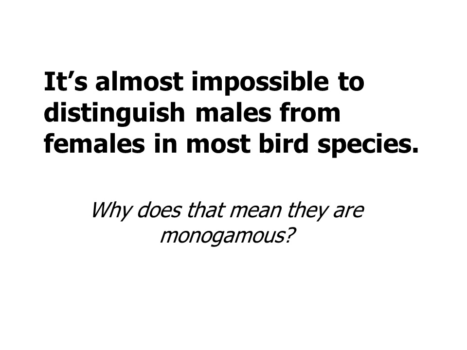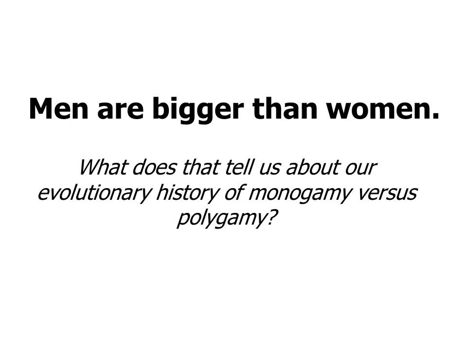So that peacock example. So why is it almost impossible to distinguish males from females in most bird species? That peacock is an exception, but usually they look similar to each other. That's because they're monogamous.